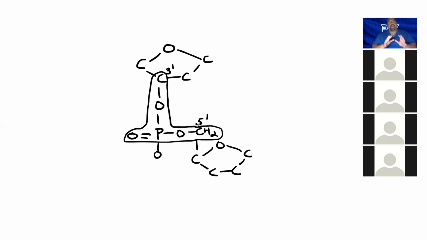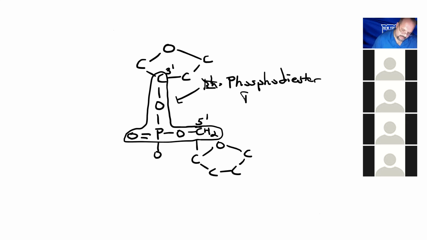As we saw in the notes, and I'll circle it here, the connectivity that links nucleotides together is an example of what is known as a phosphodiester bond. Where did we see phosphodiester bonds previously?